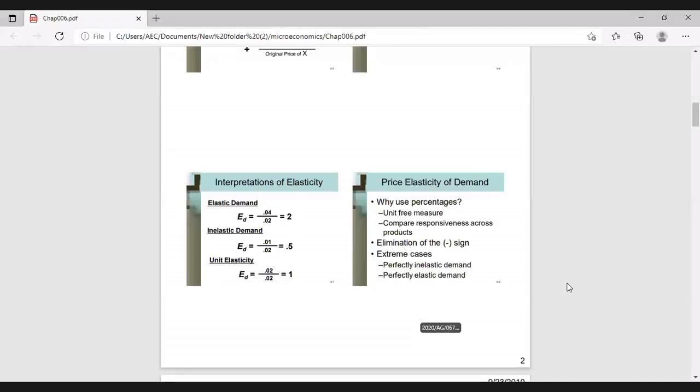This is also extreme. We will study this case in a competitive market, a pure competitive market. That means many buyers, many sellers, and all sellers sell an identical, standard product.